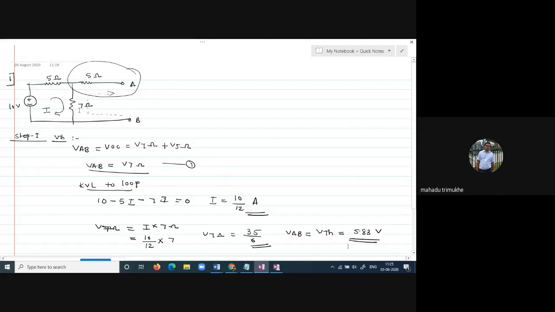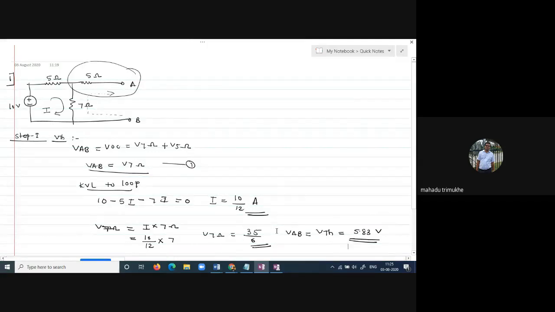First we calculate I by applying KVL to the loop, giving I equal to 10 by 12. According to Ohm's law, V7 ohm is I multiplied by 7, that is 10 by 12 multiplied by 7, and that gives you VTH.